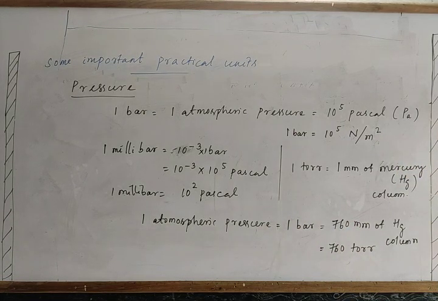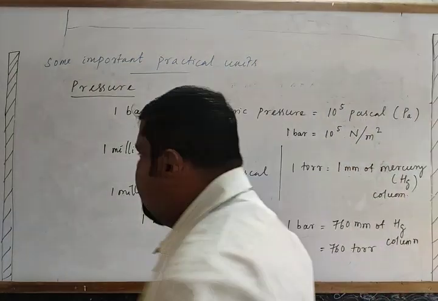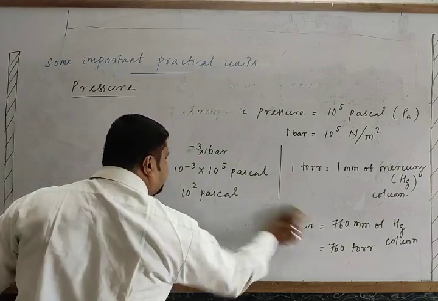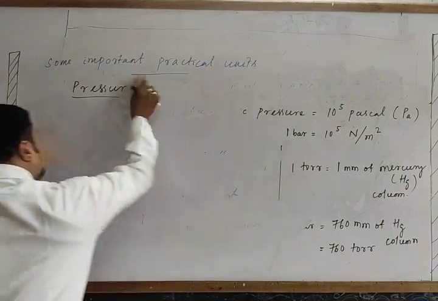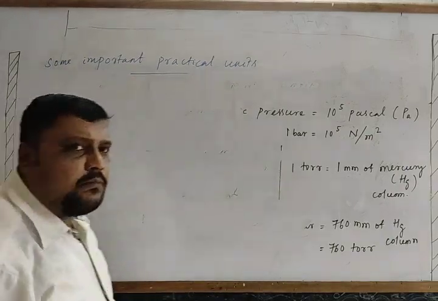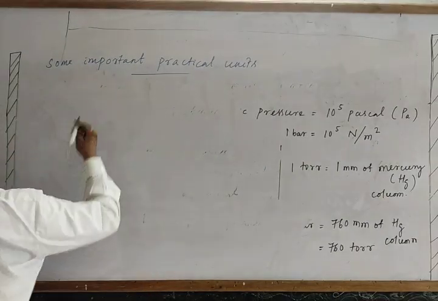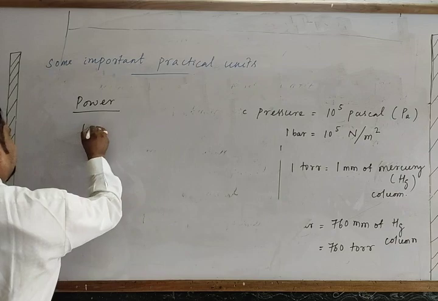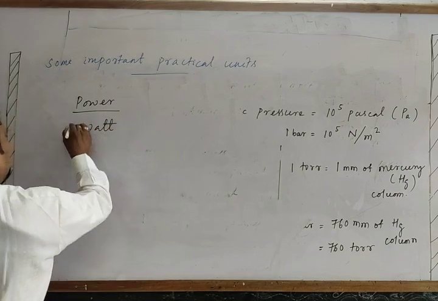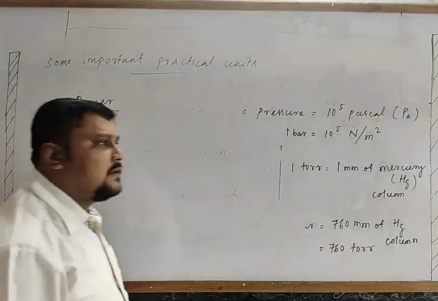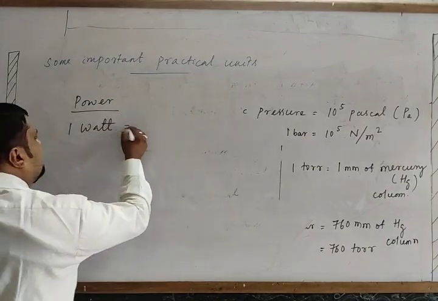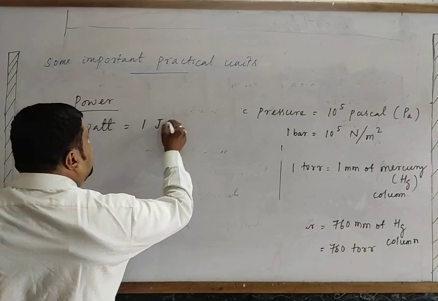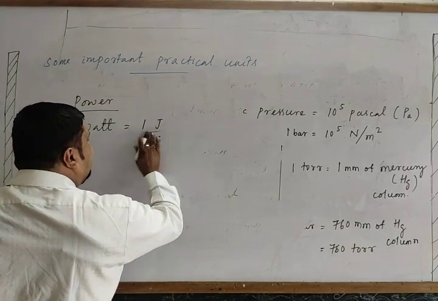Similarly, others are used for measuring power. Power is also a derived physical quantity, and for practical use we are using the watt. 1 watt is equal to joule per second.